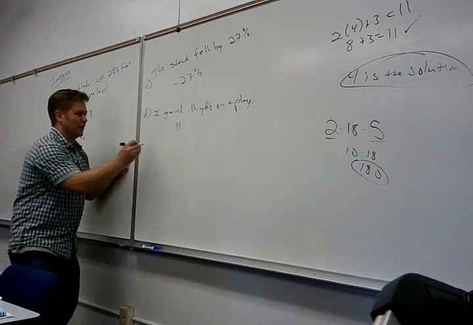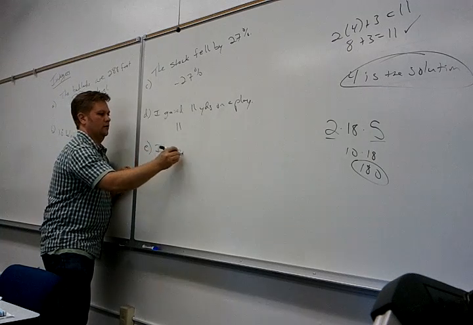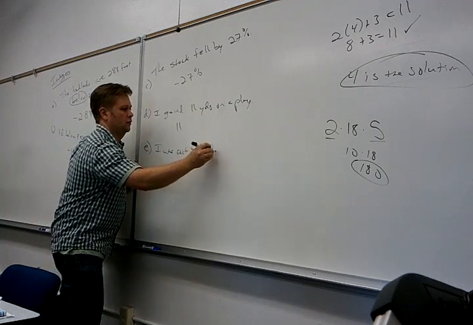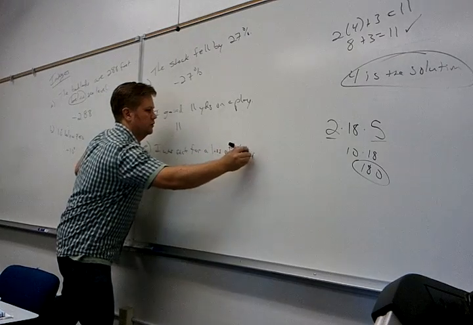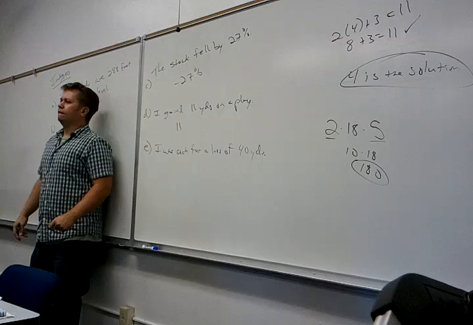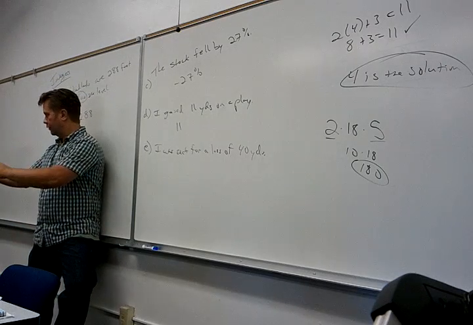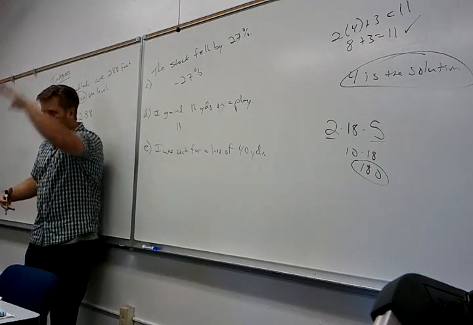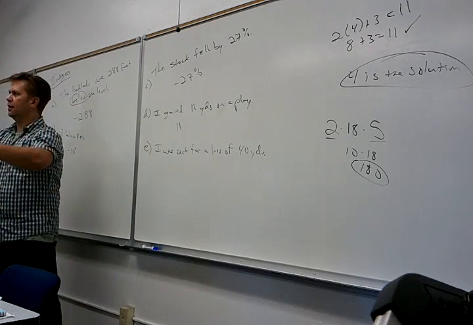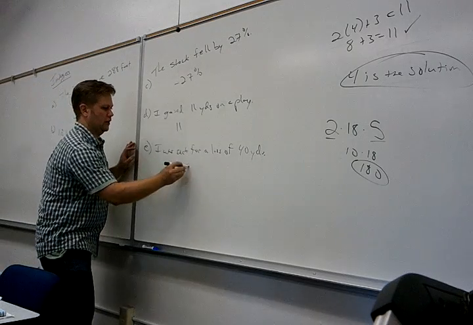That would be what I would do, by the way, if I was in one of these games. I was sacked for a loss of 40 yards. Coach is like, why the hell did I put him in there? How do you write that as an integer? -40, because it's a loss. So below, a loss of, went down by, those are negatives. Cool? So it would be -40 yards.